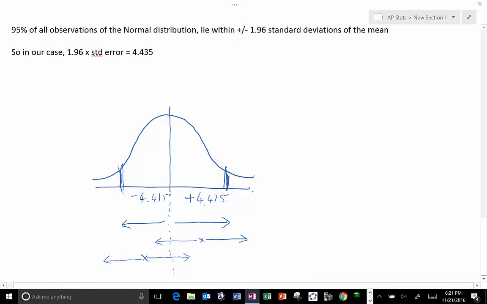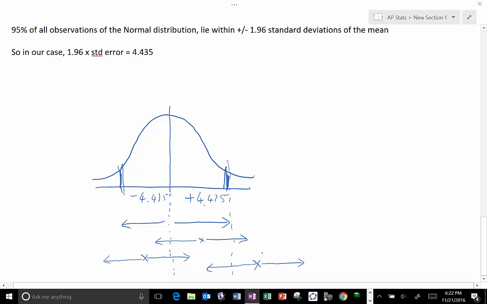Now, occasionally we might get a fluke observed value which is way out in the tail. It's not a bad value, it's just not one of the normal nice 95% values. And if we construct that same interval plus or minus 4.435 either side of this one, then it doesn't contain the true population mean.